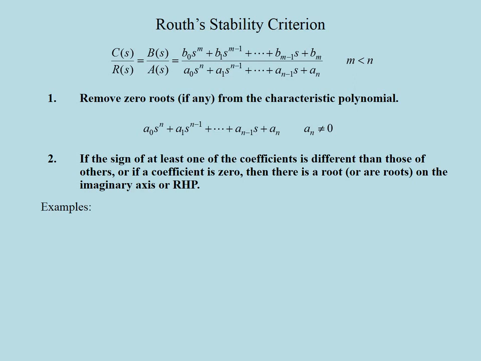For example, if the denominator polynomial of a transfer function is s cubed plus 3s squared minus 4s plus 2, then we can directly tell that the system is unstable simply because one of the coefficients is negative while the others are positive.